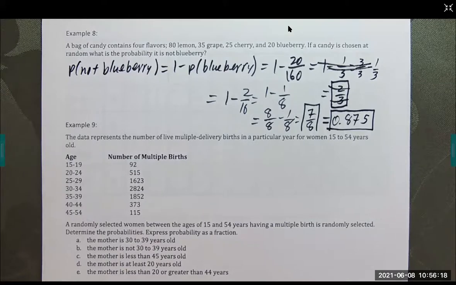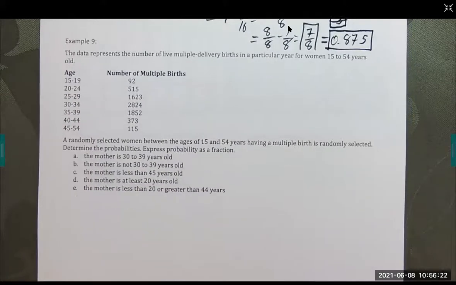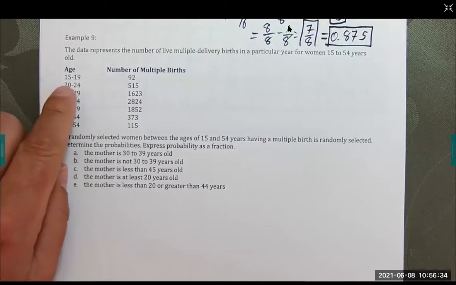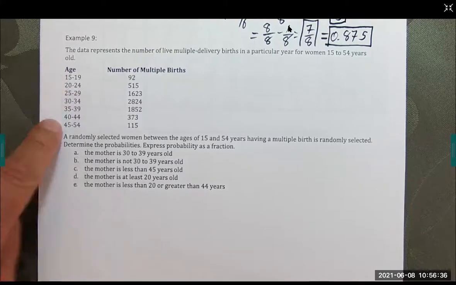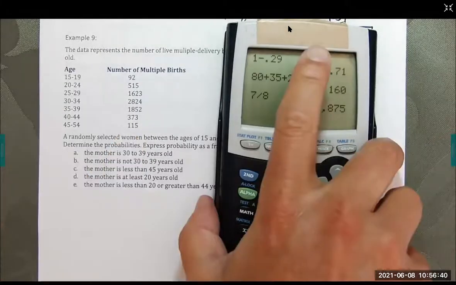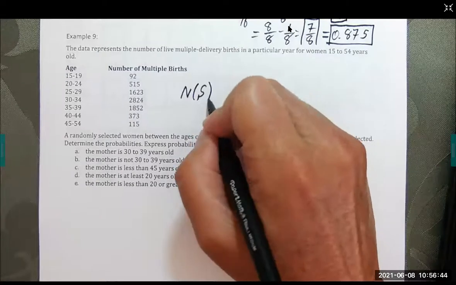All right, let's get that up. The data represents the number of live multiple delivery births in a particular year for women aged 15 to 54 years old. And we can see that it's broken down. Let's see how many total there are. This is going to be the number in the sample space.